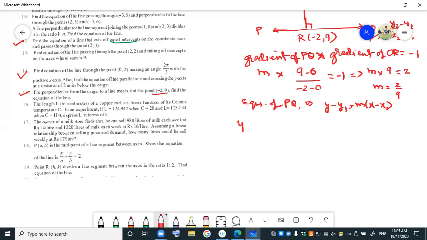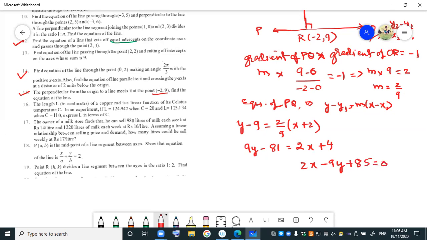So y minus 9 equals 2 by 9 times (x minus (-2)), that is x plus 2. Multiplying by 9: 9y minus 81 equals 2x plus 4. Bringing to the right side: 2x minus 9y plus 85 equals 0, which is the required equation of the line.